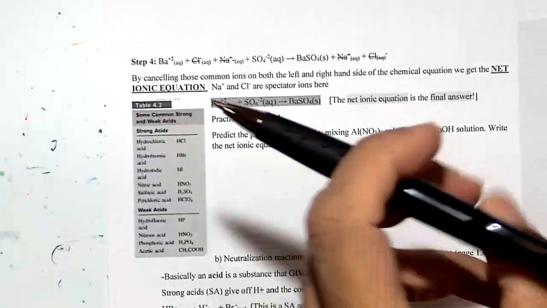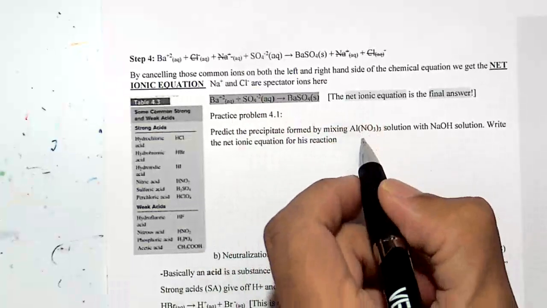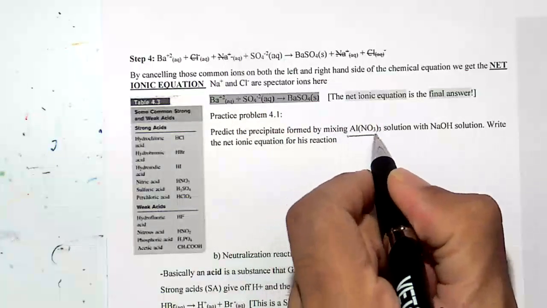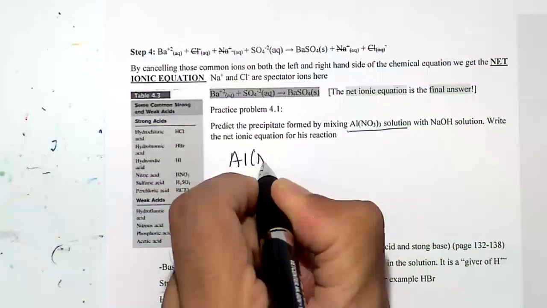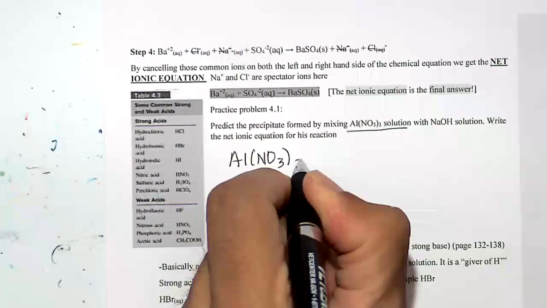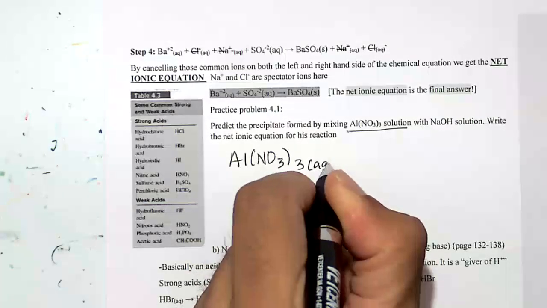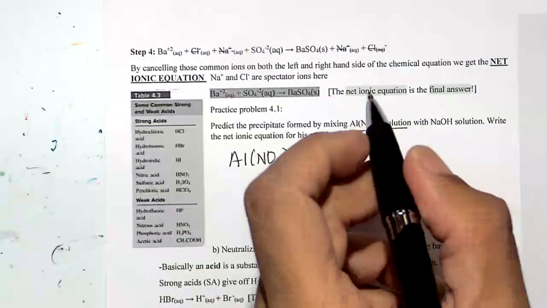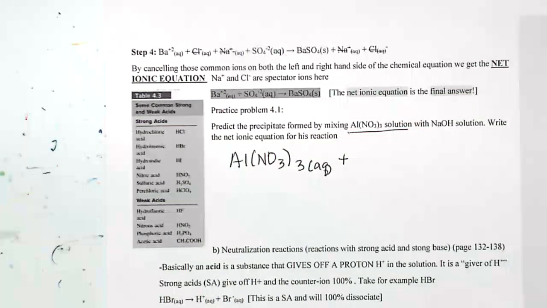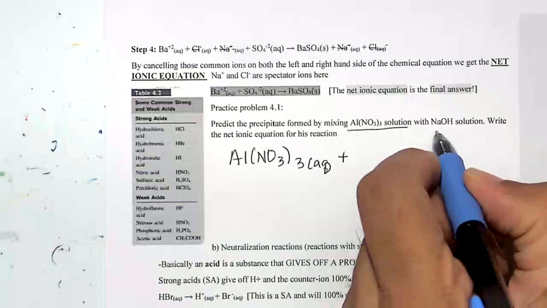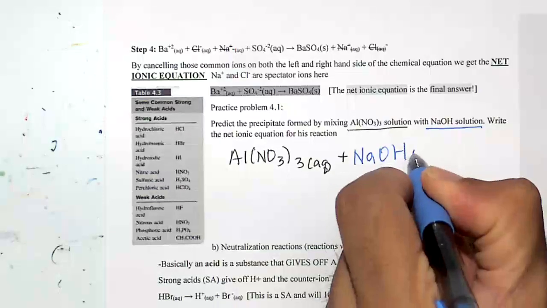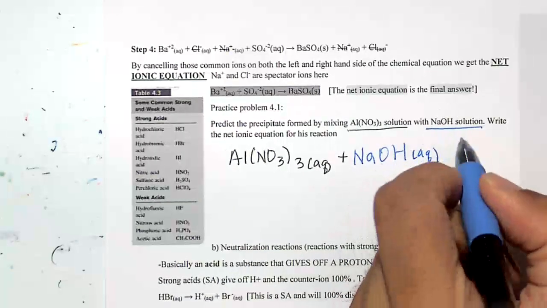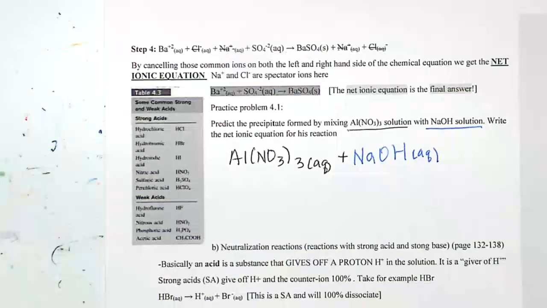Predict the precipitate formed by mixing AlNO3 solution, aqueous, with NaOH solution. This is called sodium hydroxide. So write the net ionic equation.